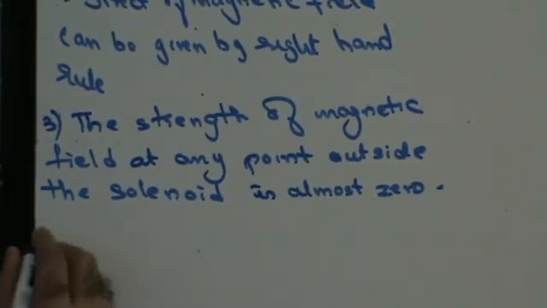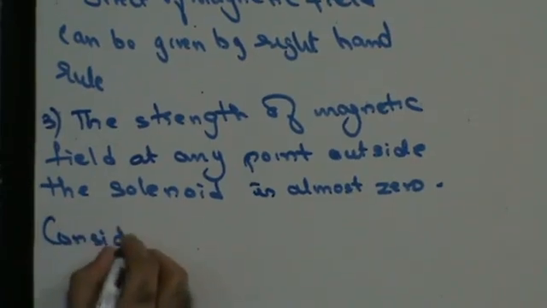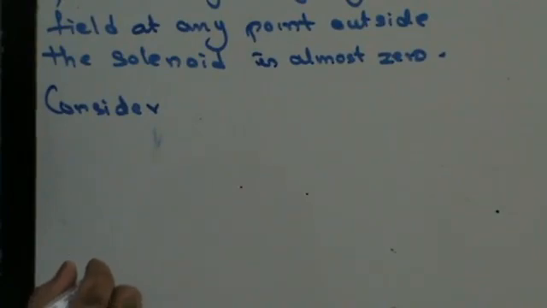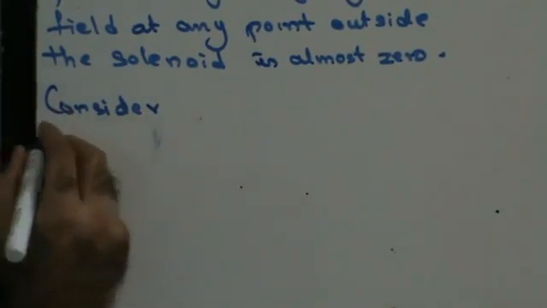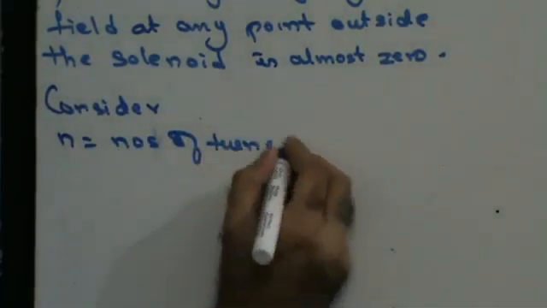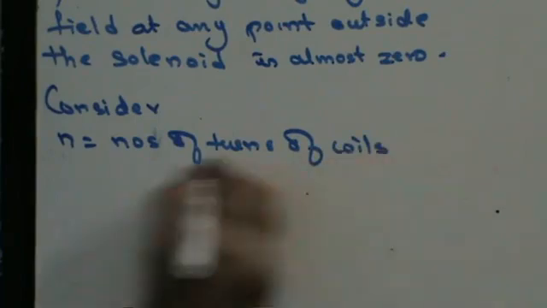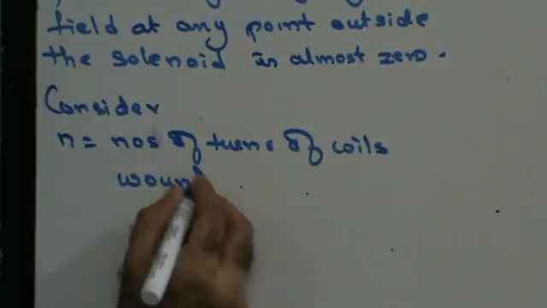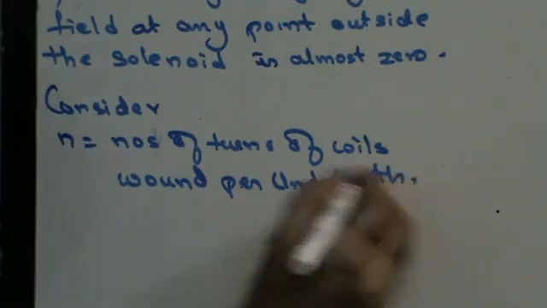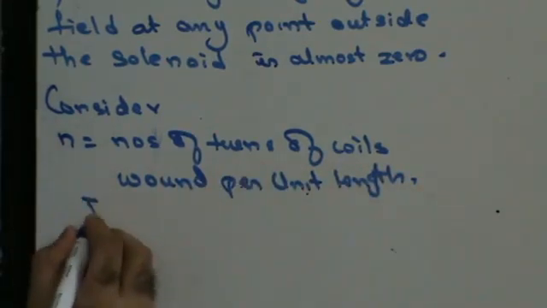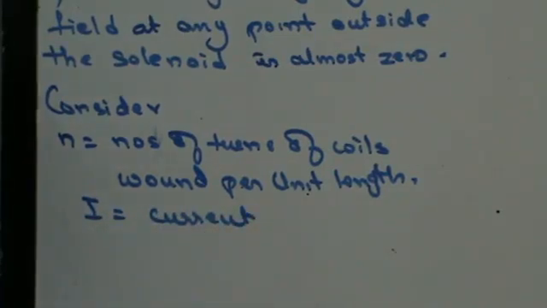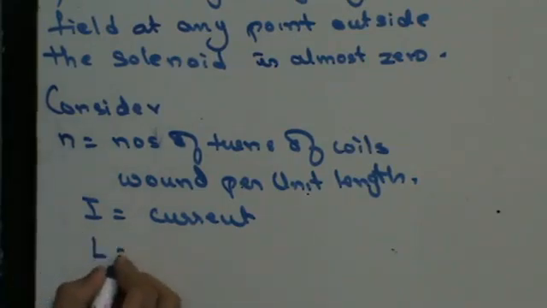Now let us consider N is the number of turns of coil wound per unit length. Right? Let us assume that I is the current passing through the coil and L is the length of the solenoid.